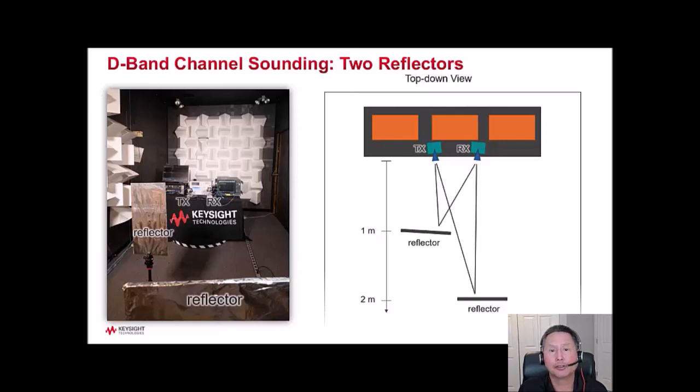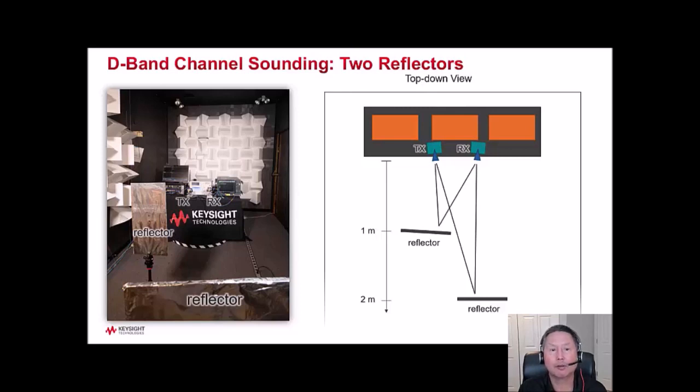Now let's show an actual channel sounding measurement with the 6G testbed. Here's our channel. We have two reflectors in an RF chamber. The reflectors are made of boards covered with aluminum foil and mounted on tripods. Then we have our transmitter and receiver on a table at the back of the chamber. The top-down view is shown to the right.